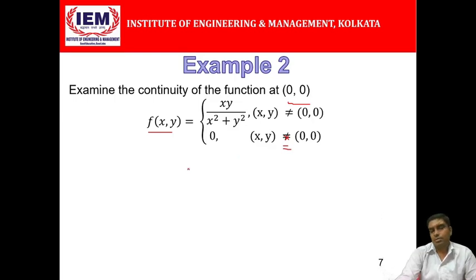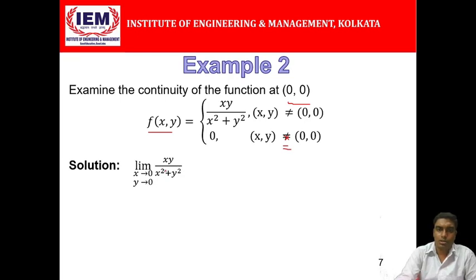Okay, so if I approach this function, xy by x squared plus y squared, and if I put the value here, I can see that it will be 0 by 0, so it will be undefined. So I cannot directly put 0, 0. So is there any way to check whether the limit exists?